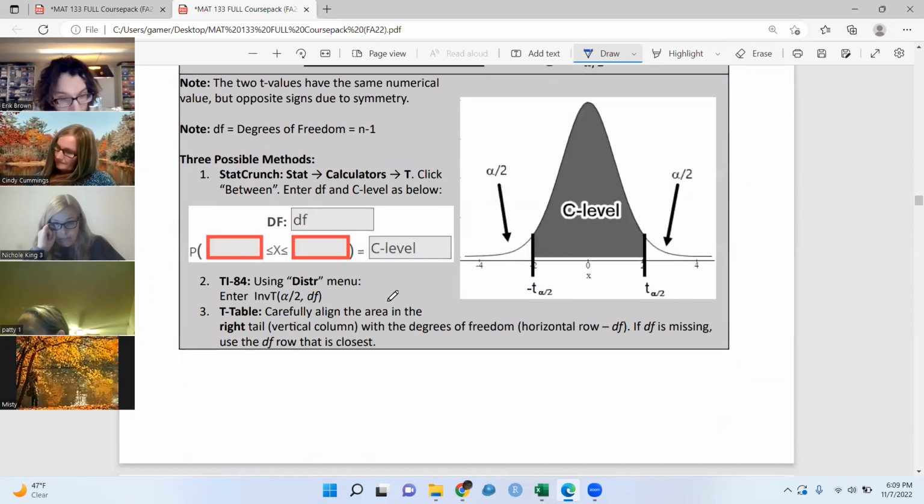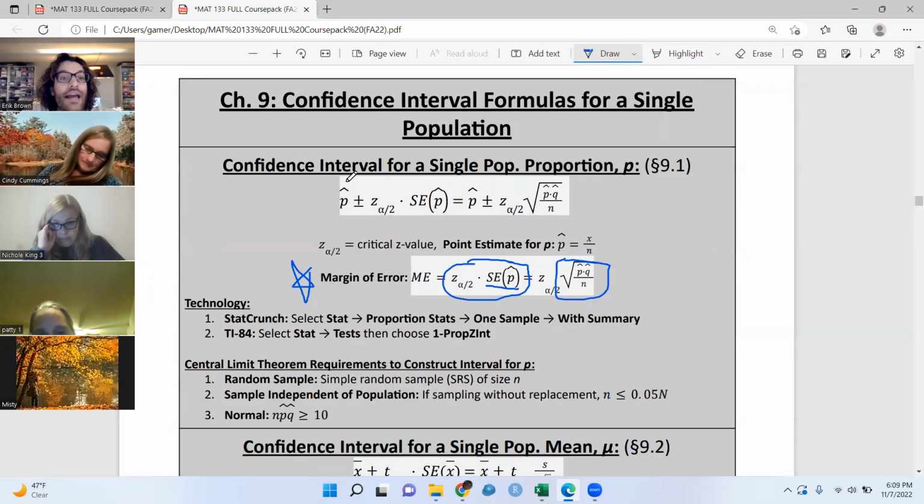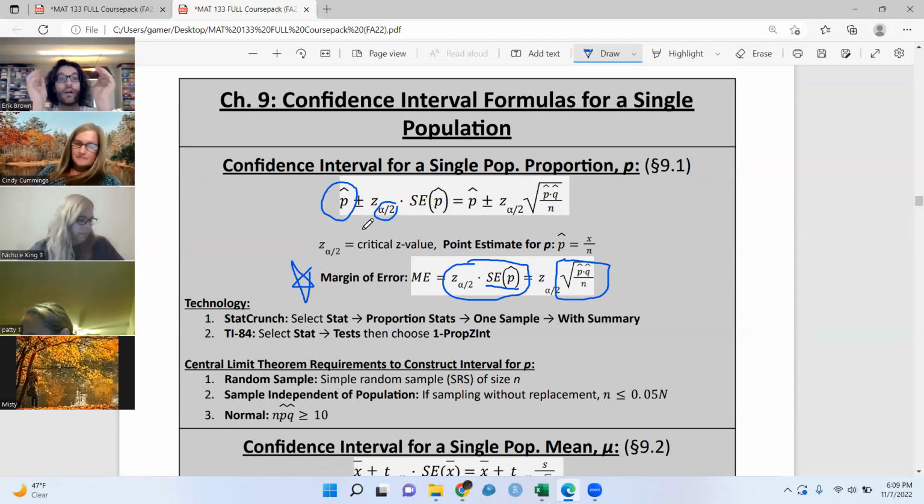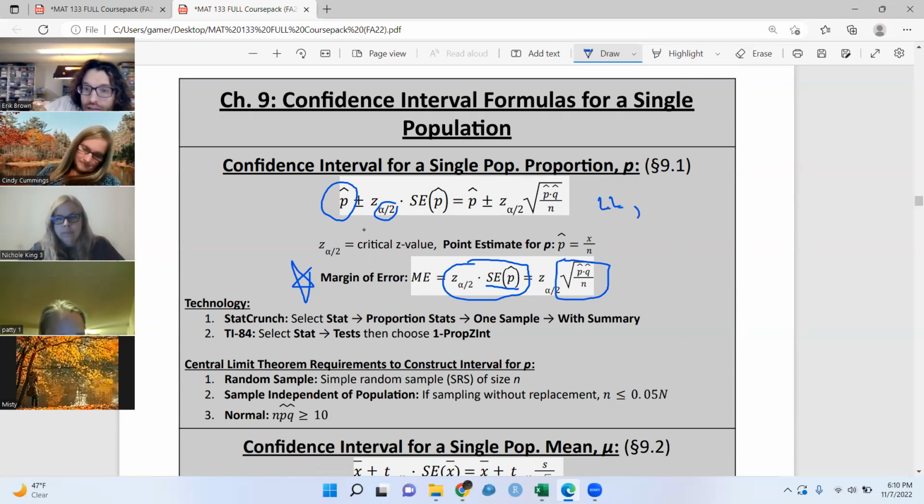In it, we calculate a point estimate that is our best guess at the population. Then, based on how confident we are that the sample will contain the population value, that's how we get the critical z-score, we create a confidence interval that bounds our point estimate and says the real population value is somewhere between this lower limit and this upper limit.